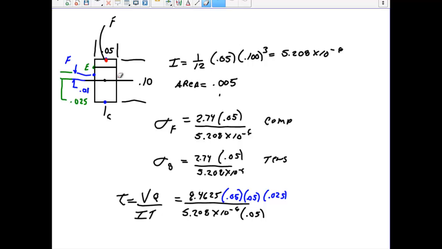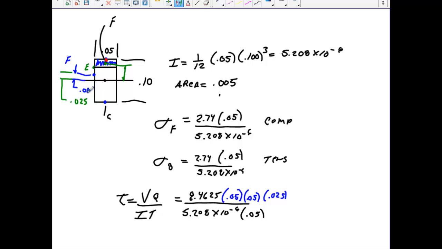If I want to find out what the shear is going to be at E, I do not use this area here. I use the area from here out. This is going to be my Q value. It's going to be this times the distance from here back to here.